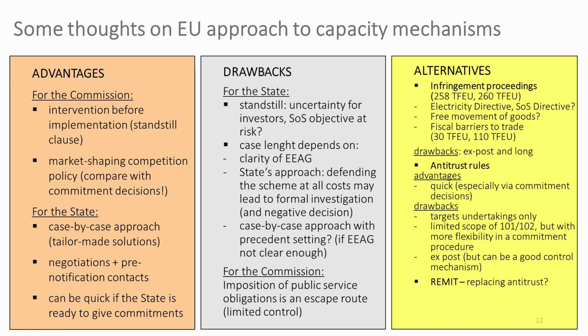Another observation is that if the state is ready to give concessions and adjust the mechanism, the procedure can be pretty fast. The approval of the UK capacity mechanism took the Commission only 1 month. However, one can assume that there were many negotiations going on in the pre-notification phase.